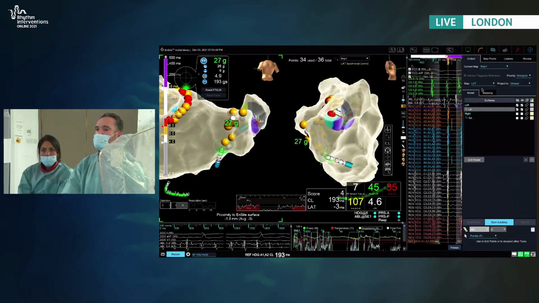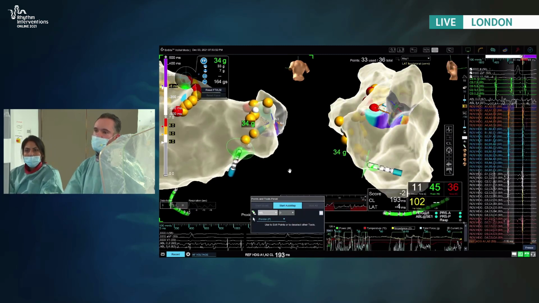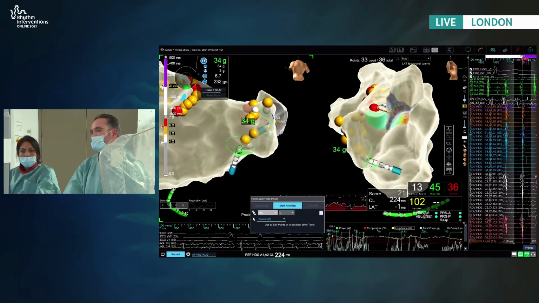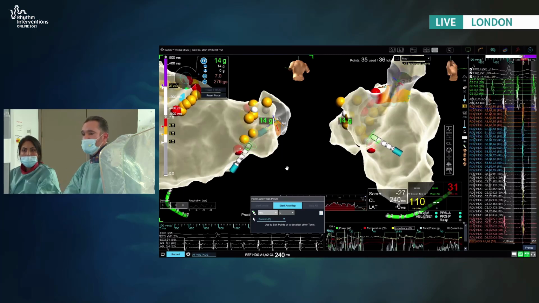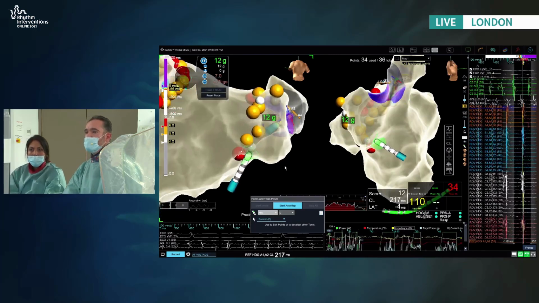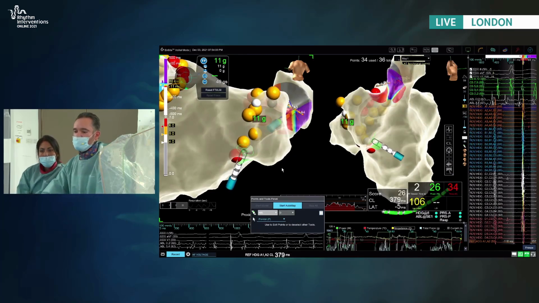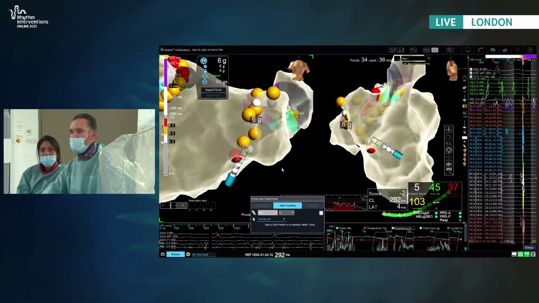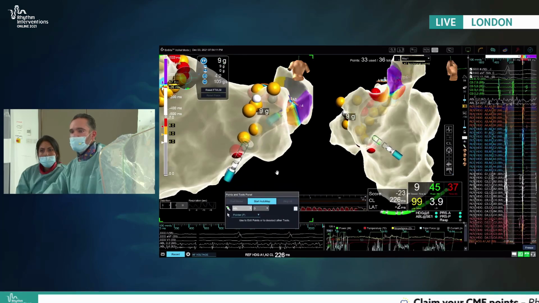There are some quite discrete areas of low voltage with fast and fractionated signals. I thought I would finish this and then go around and have a look at those again with the HD Grid, see if those areas still looked interesting. And if they were, I'd think about modifying those low voltage zones. And I suppose, again, one can do it guided by activation, which is possibly the novel part of the work that we've been doing through STAR.